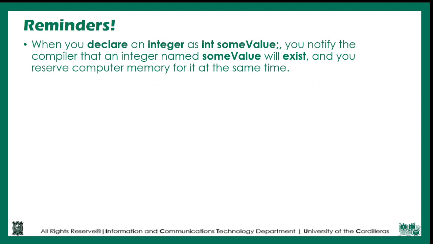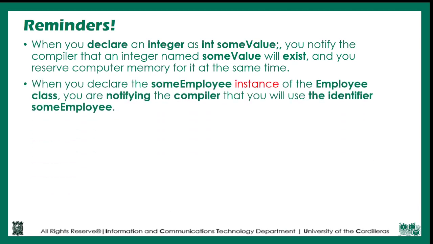Now, let's have a few reminders regarding this one. When you declare an integer as int someValue, you notify the compiler that an integer named someValue will exist, and you reserve computer memory for it at the same time. So when declaring someEmployee, an instance of the Employee class, you're also notifying the compiler that you will use the identifier someEmployee.